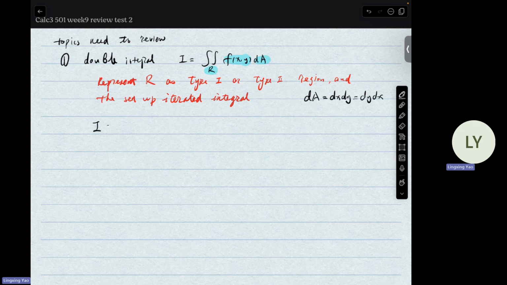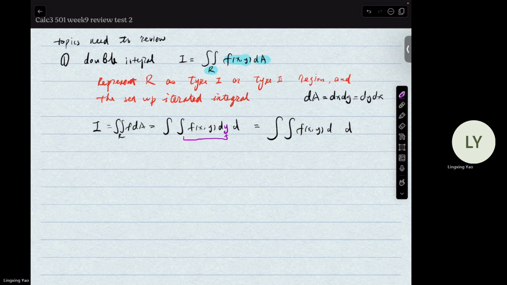So the double integral could be written in two different orders of the iterated integral, as we always say. And we can treat this as a type 1 region by integrating about the y variable first as the interior integral. Okay, but for the type 2 region, it will be the last one to integrate.